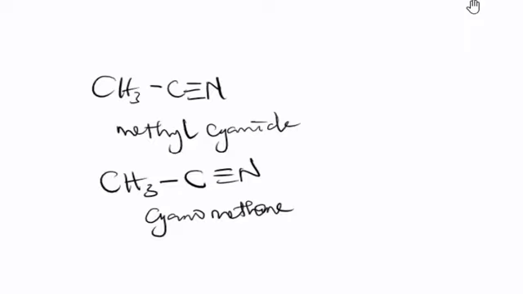Alright, so in the second system, the carbon atom of the cyano group is considered as carbon 1 of the alkane carbon chain. Then the word nitrile is added as a suffix to the name of the alkane chain.